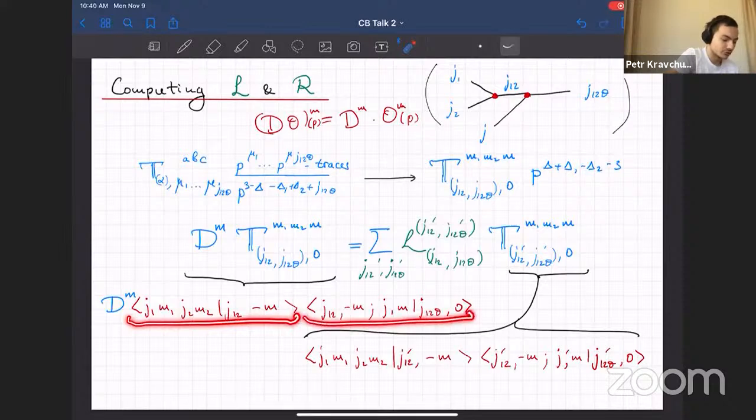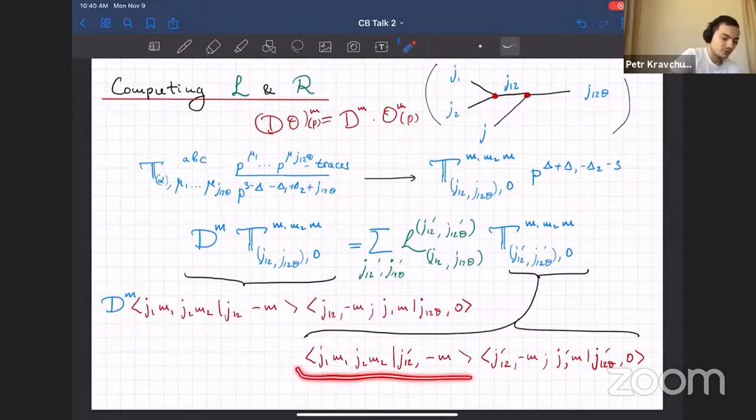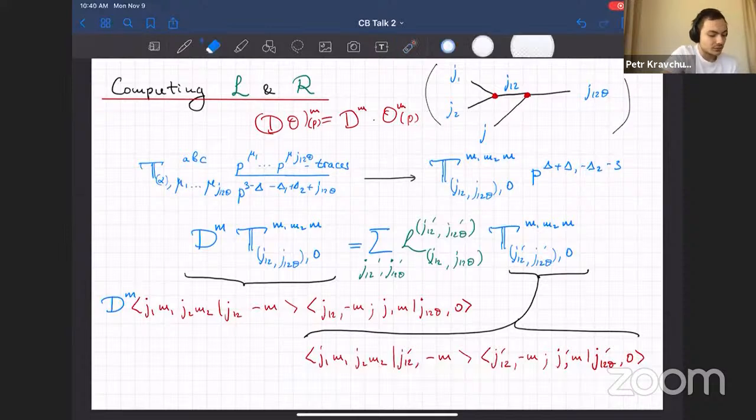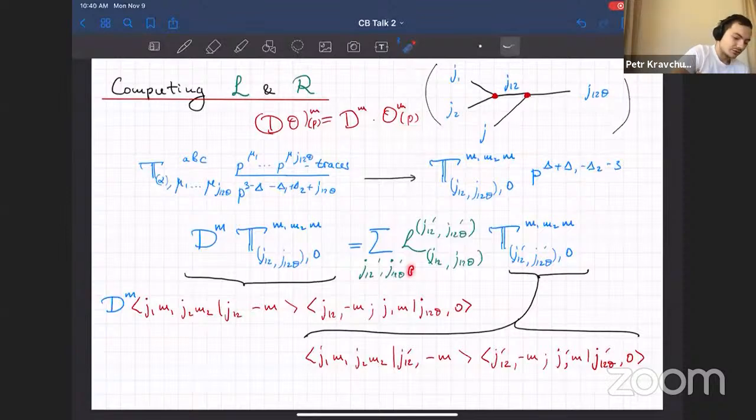So you have 2 Kravchuk coefficients here, multiplied by dm, and 2 Kravchuk coefficients here. And you can follow this through if you want, but the bottom line is that you can compute these coefficients now by essentially using orthogonality relations for Kravchuk coefficients.